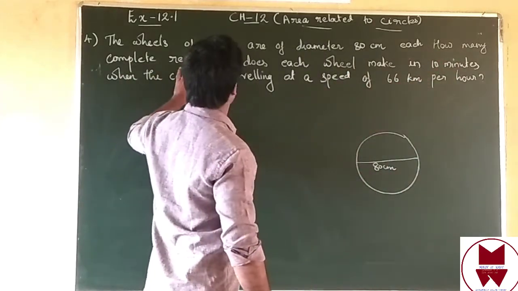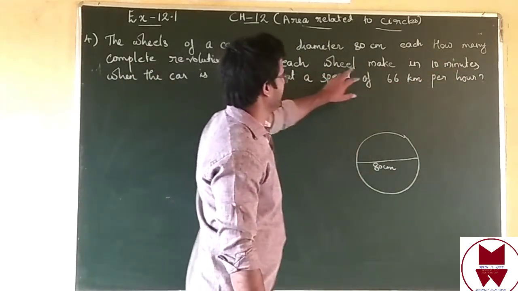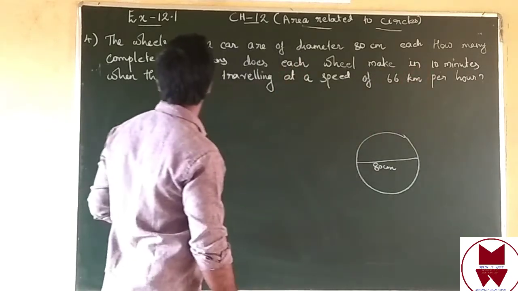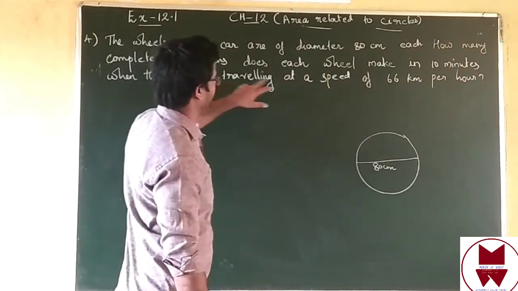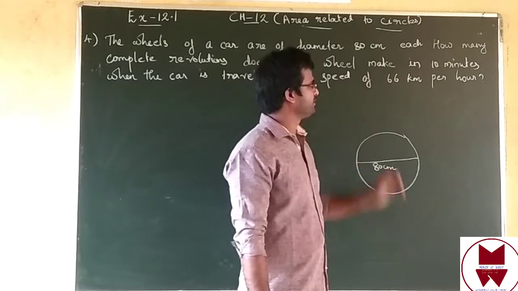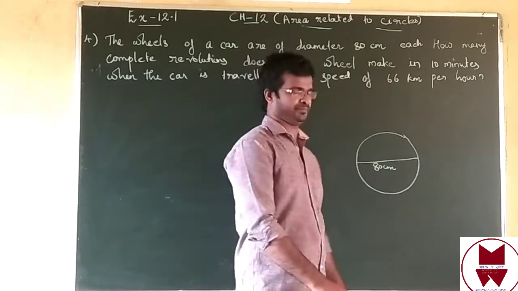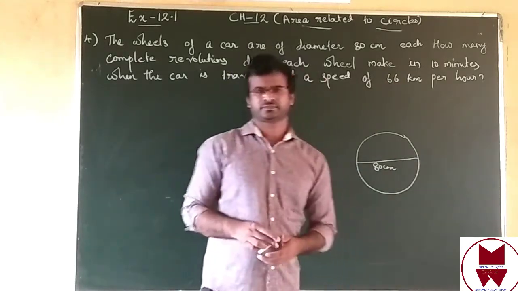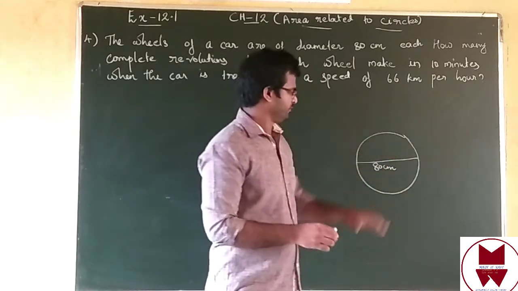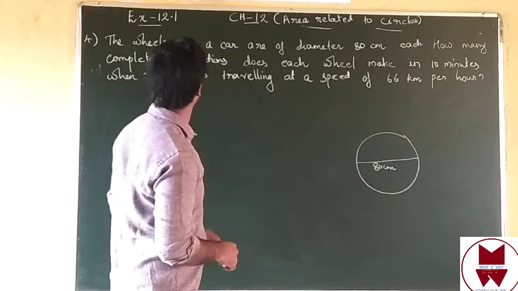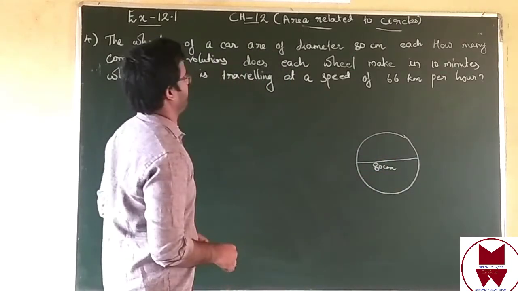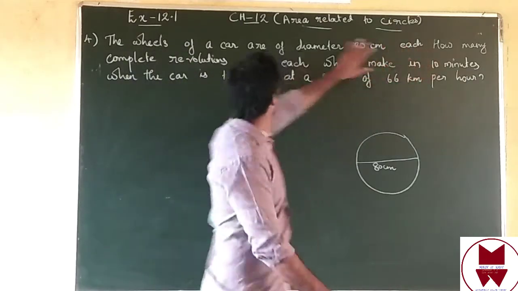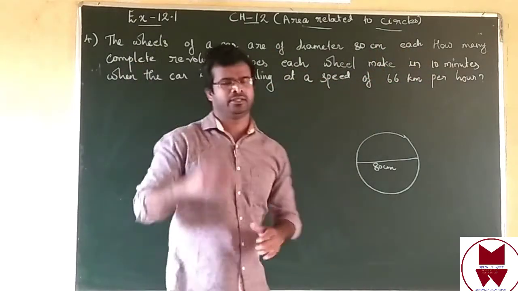How many complete revolutions does each wheel make in 10 minutes when the car is traveling at a speed of 66 km per hour? We have to find the number of revolutions.